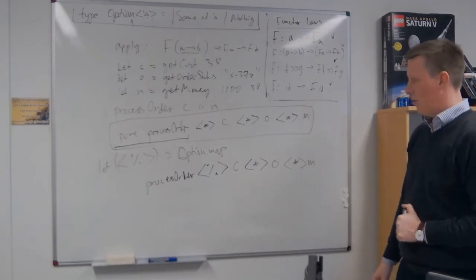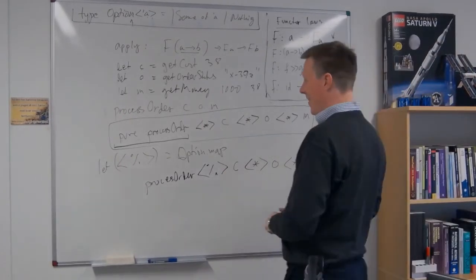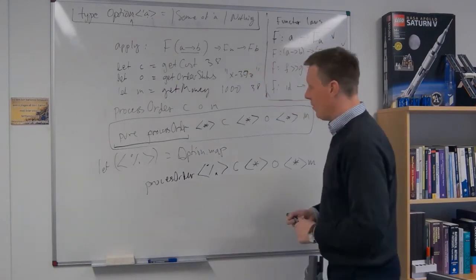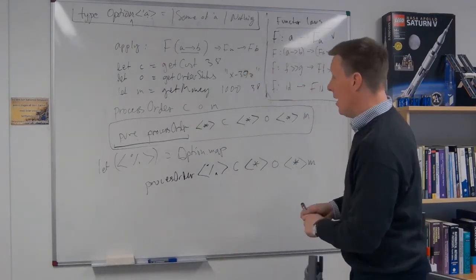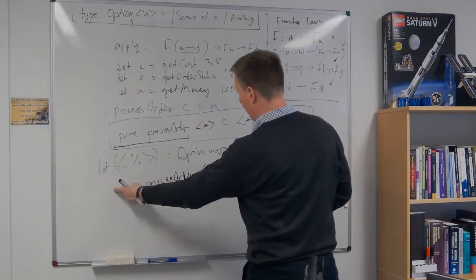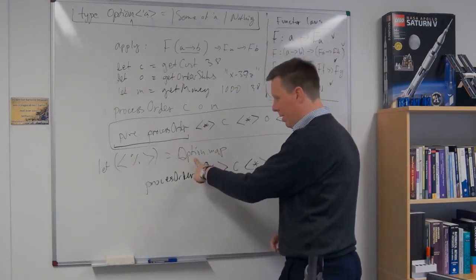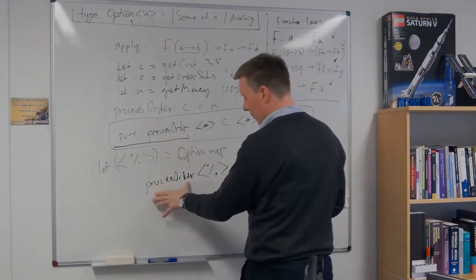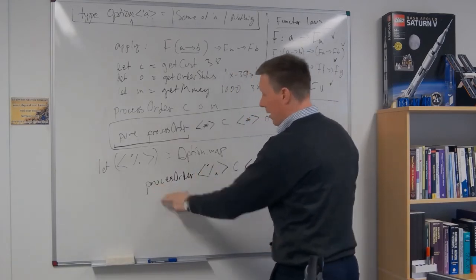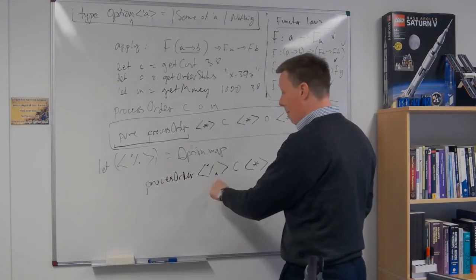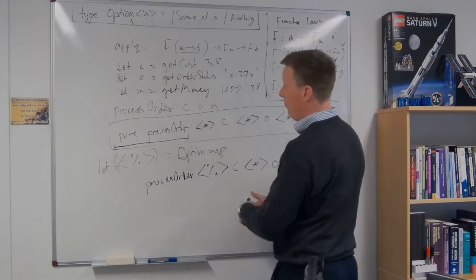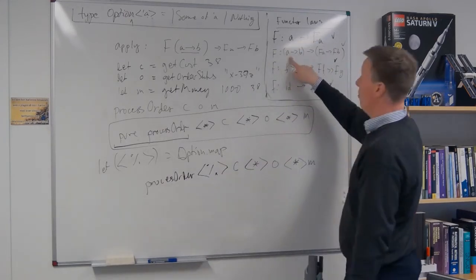Whoa, what's going on here? Okay, so let's have a quick look. What's this thing? So now you see I got rid of the pure, and I changed the first star into this thing, which is the same as Option.map. So now I take a normal function, apply map. So map just takes a normal function, right?